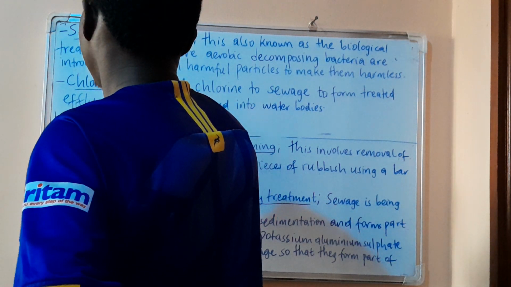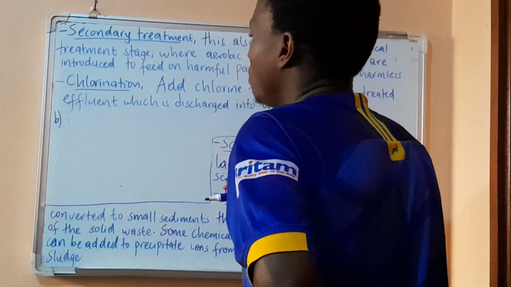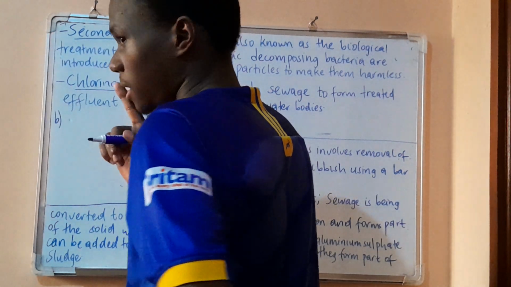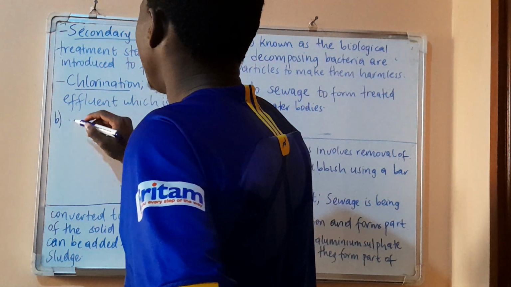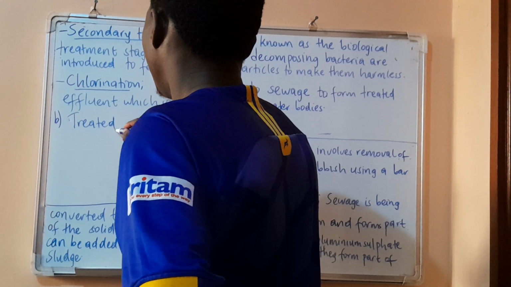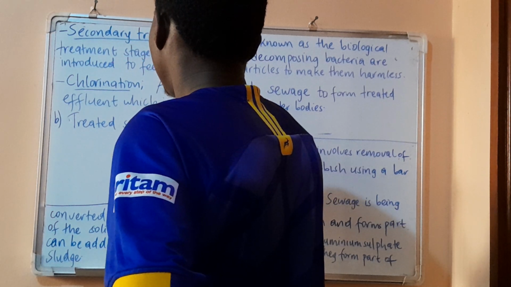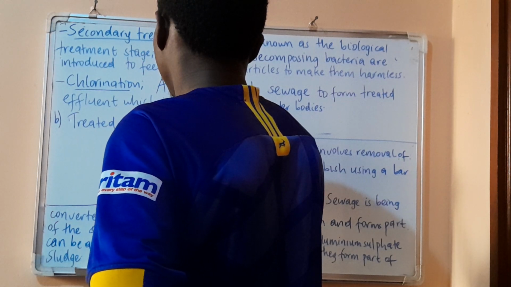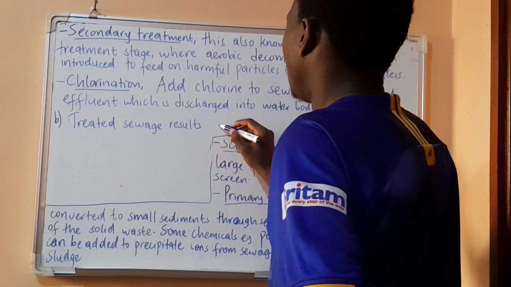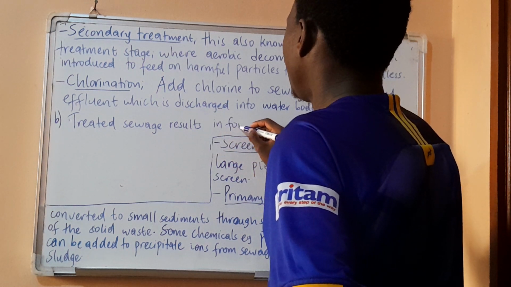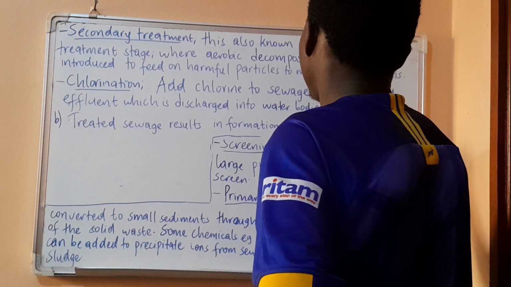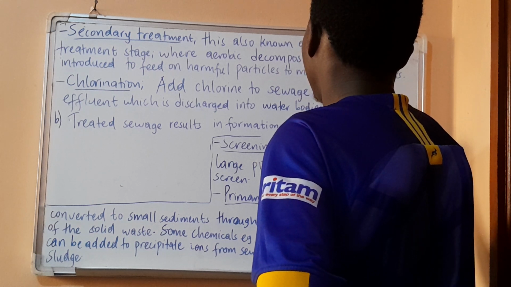Then we had also part B, uses of treated sewage. When sewage is treated, we form sludge and effluent. Treated sewage results in formation of sludge.